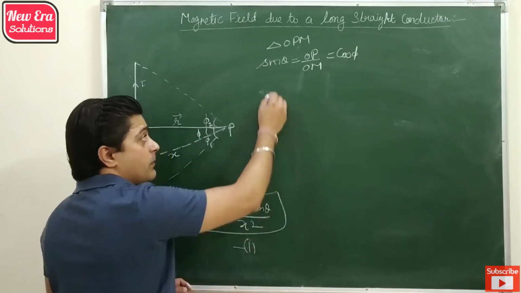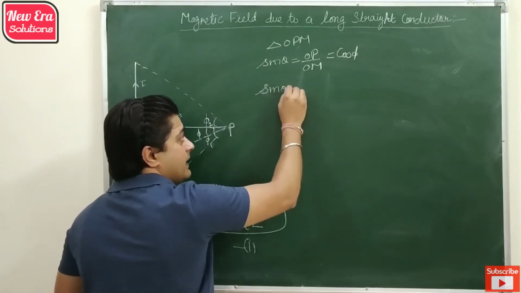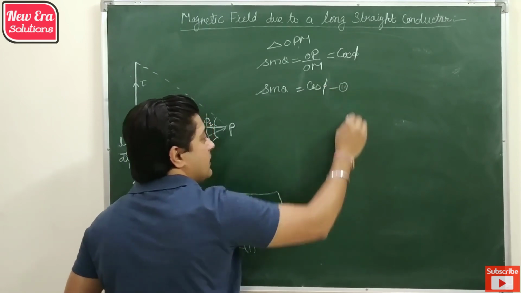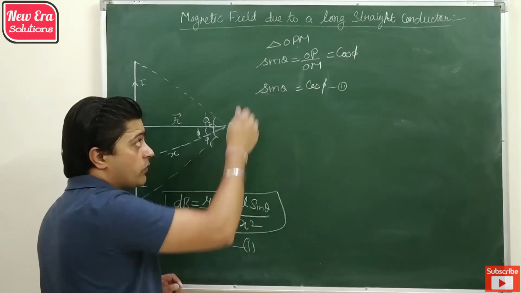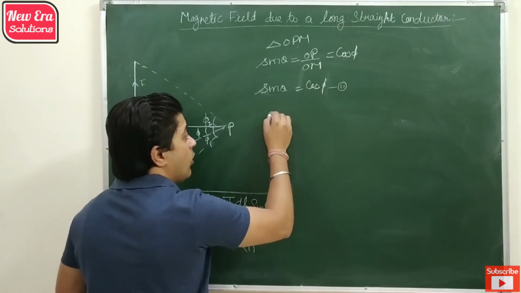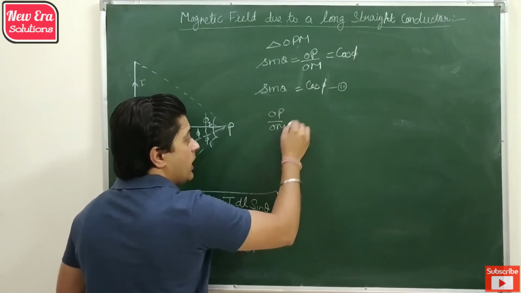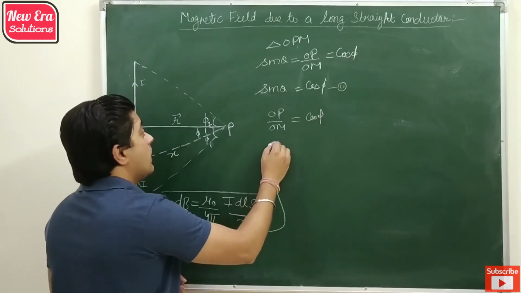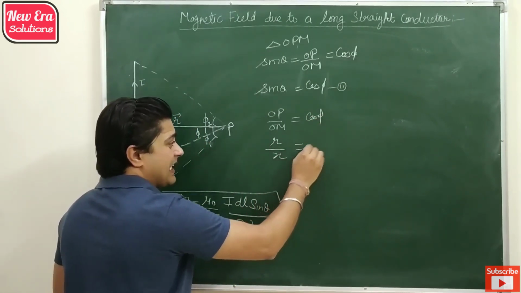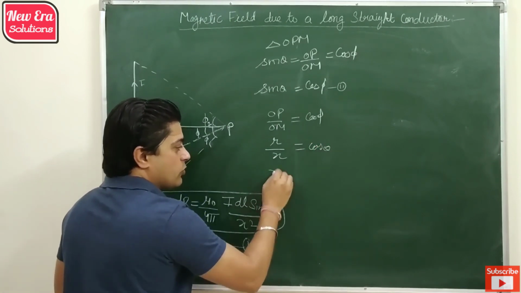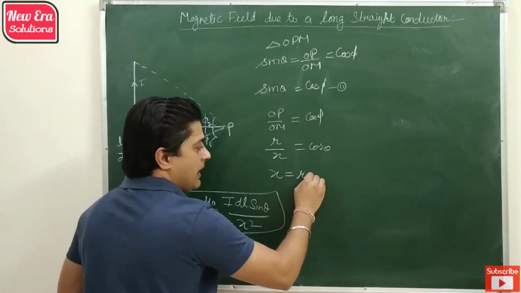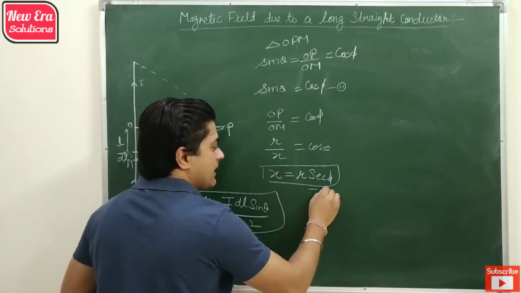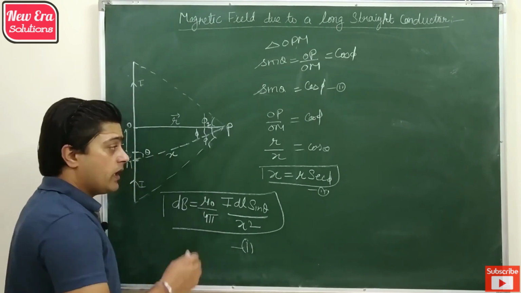So the first replacement we get is that sin theta can be replaced by cos phi. This is equation second. Now from the same expression, OP by OM is equal to cos phi, we have r by x is equal to cos phi. So x can be replaced as r sec phi. So this is the second replacement which we want.